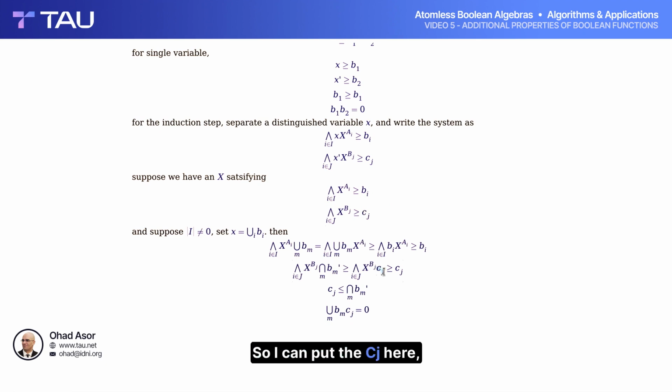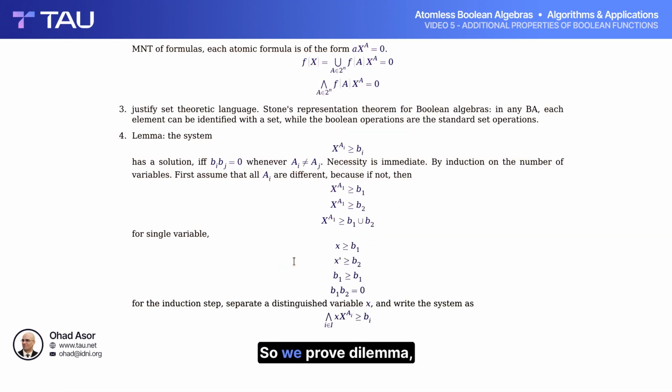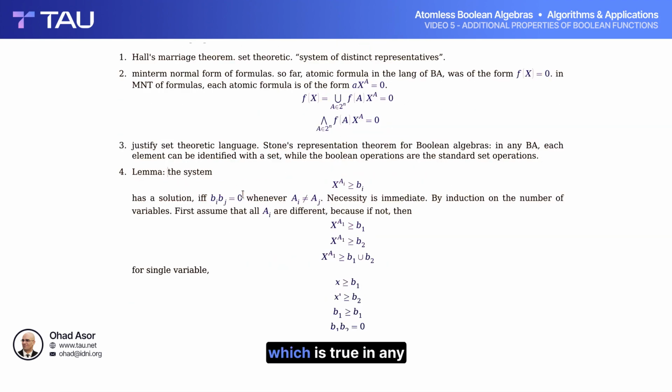So I can put the cj here. And this is, of course, greater or equal cj, again, by the induction hypothesis. So we proved the lemma, which is true in any Boolean algebra.